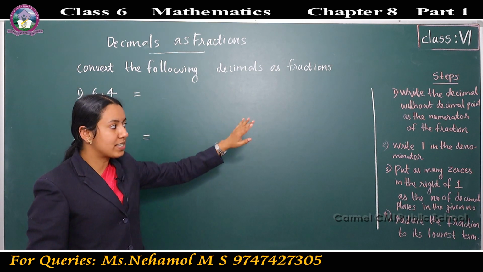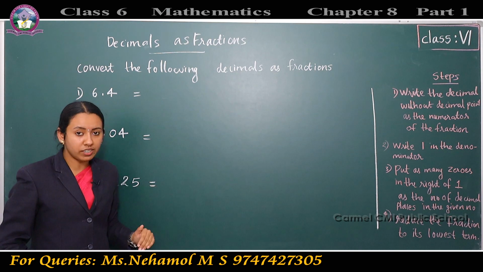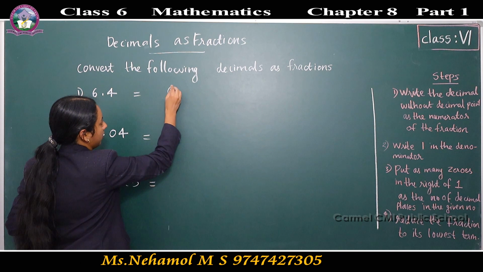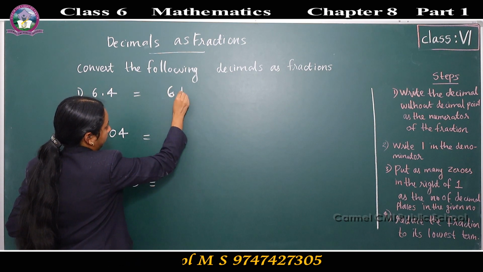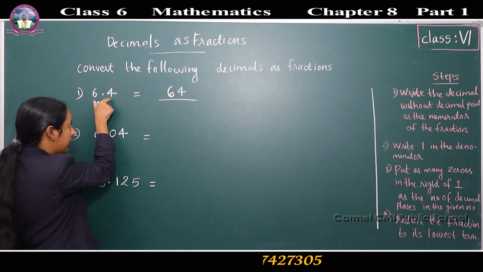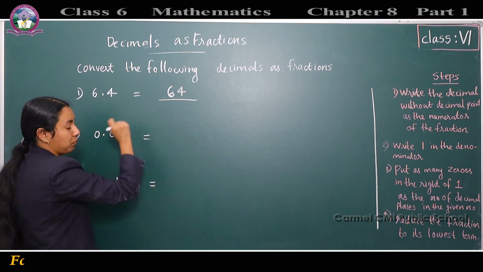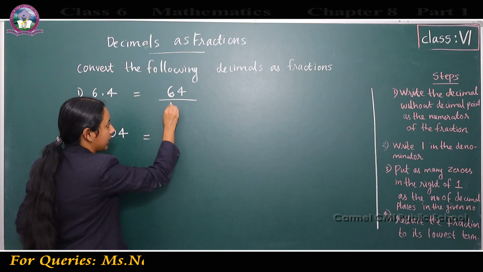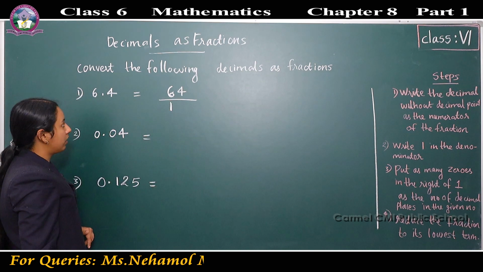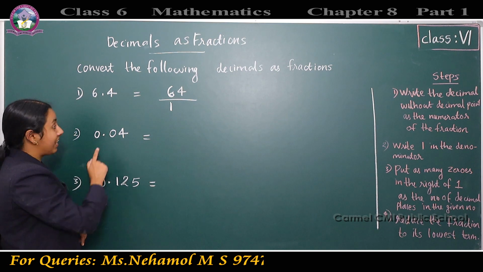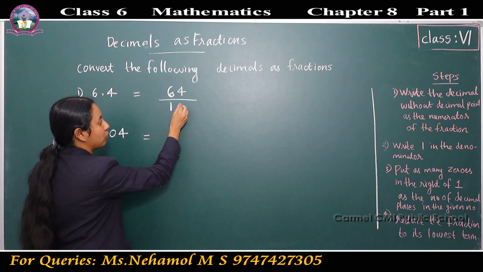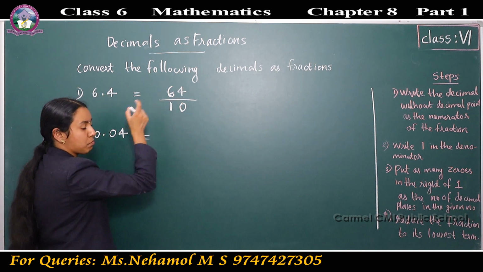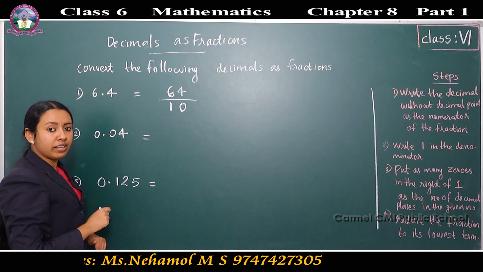First, write the decimal without the decimal point as the numerator: 64. Then write 1 in the denominator. How many decimal places are there? Only 1, so we put only one 0 after the 1. 64 by 10 is the corresponding fraction.